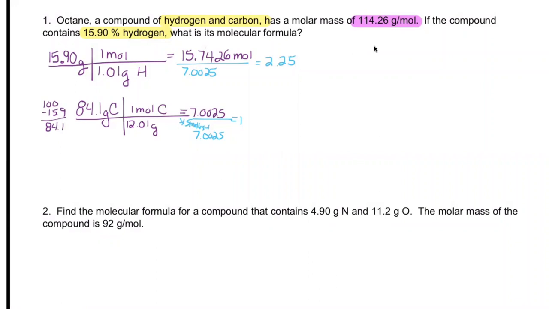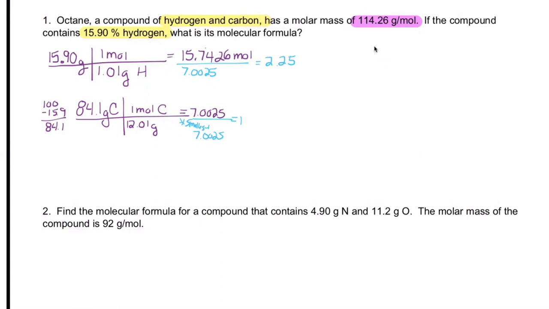Firstly, it did not give us both elements' percentages, but if we know it's out of 100%, we can figure out what the remaining amount is by subtracting from 100, which would tell us there's 84.1 grams of carbon. Converting to moles and dividing by the smallest is going to give us a subscript of 2.25, which is a little too far away from 2 to round.